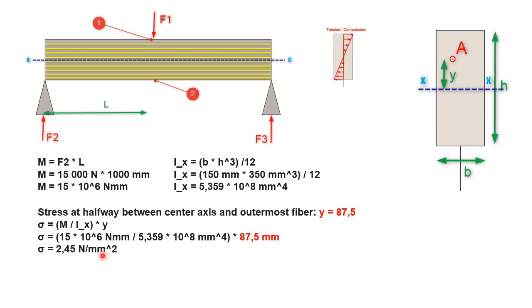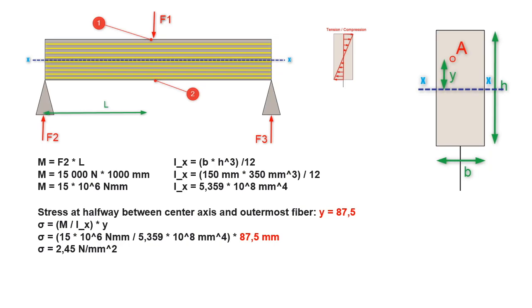This is not anything new, but it gives you a connection between the concept of the second moment of area and moment, which can be used to calculate the stress in an infinitely small area somewhere along your beam.